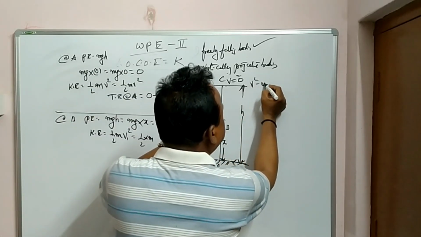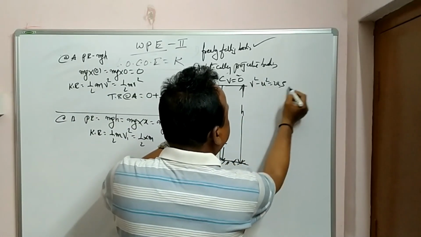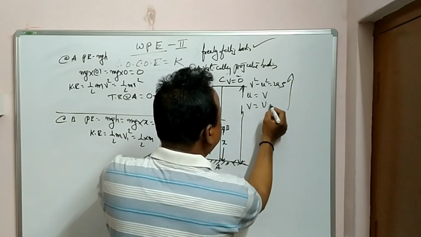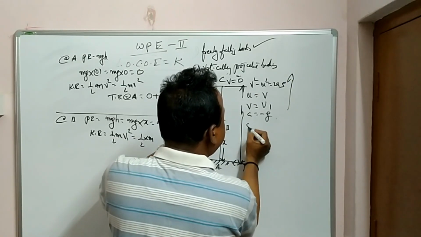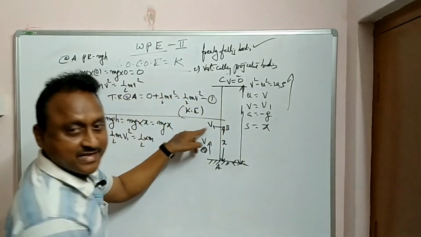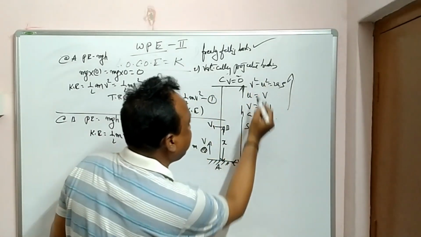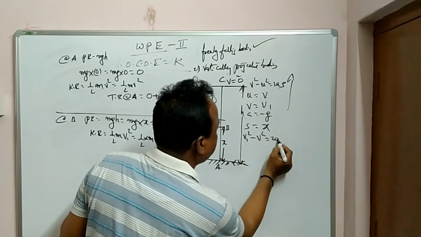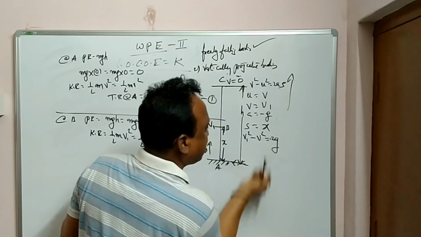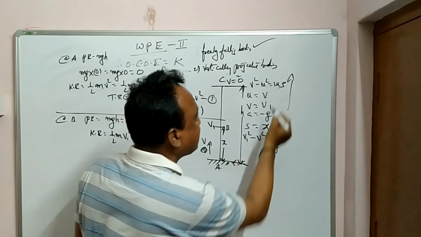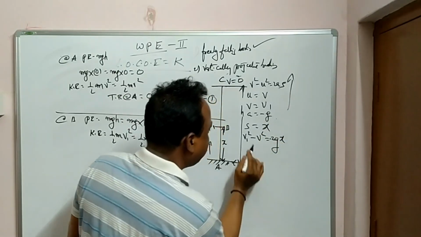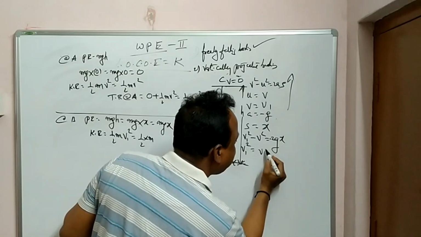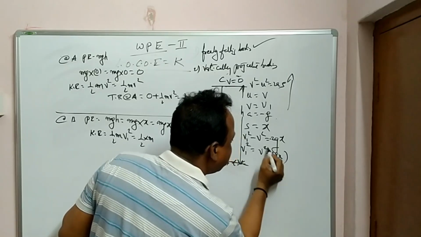That is by using v square minus u square is equal to 2as in the upward direction. Here u is equal to V, v is equal to V1, a is equal to minus g, and s is equal to displacement x. Substitute all these values. What do we get? V1 square minus V square is equal to 2 into minus g into x, because in the upward direction a is taken as minus, and s is nothing but displacement x. So V1 square is equal to V square minus 2gx.